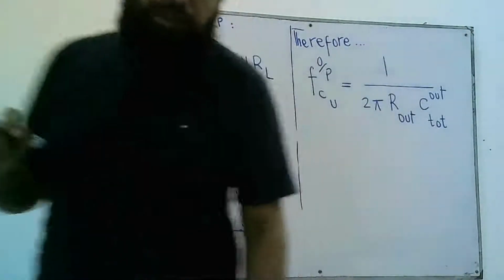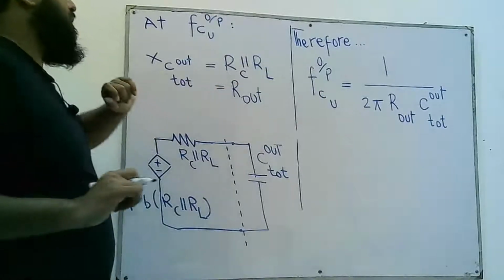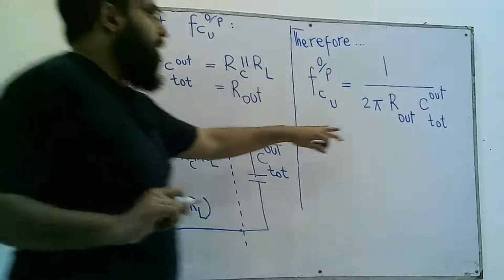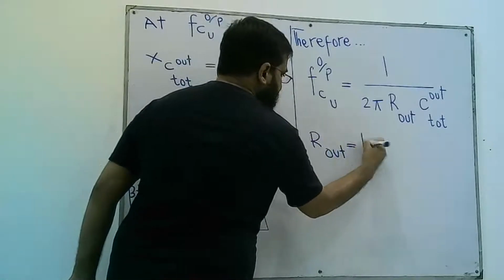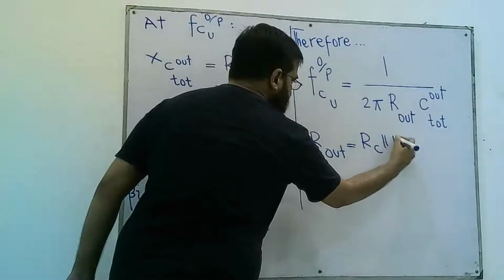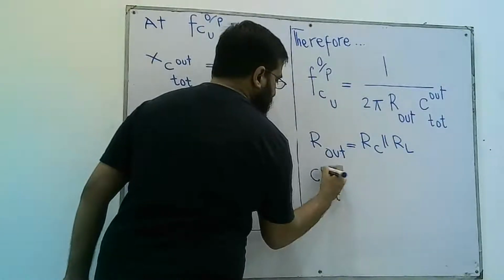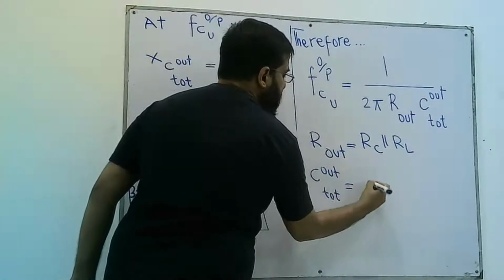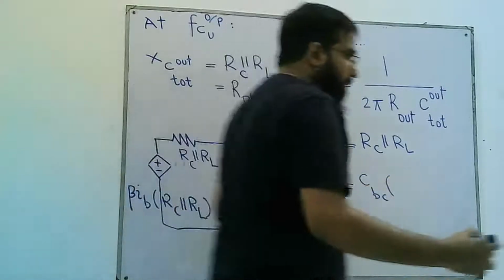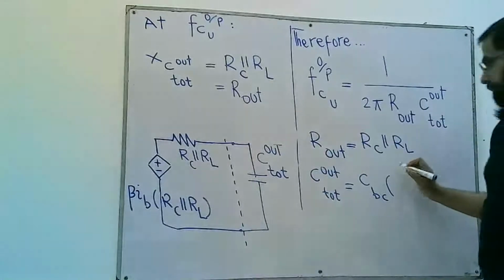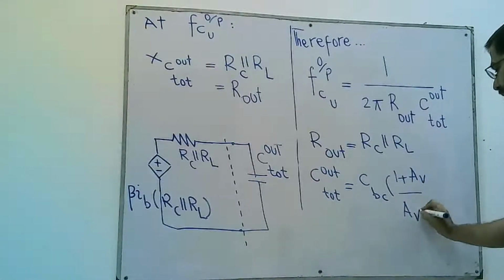And we know that R out is this RC in parallel with RL, and C total out is CBC times (1 plus AV) over AV.